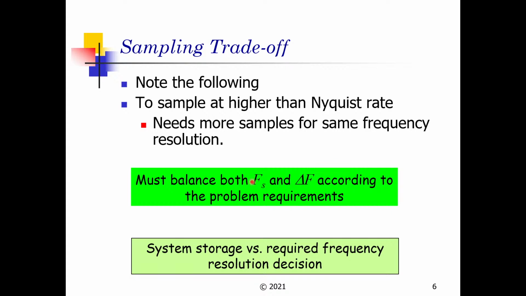You're going to have to balance your sampling frequency and your frequency resolution to figure out how many samples you actually need to maintain your memory requirements, because you can't have so many samples without impacting the amount of memory that you physically have. So you're going to have to make a decision on what's going to be your system storage versus your required frequency resolution, as to how many samples you can actually use, and what's going to be the bare number of samples that you actually need to use within your system itself.